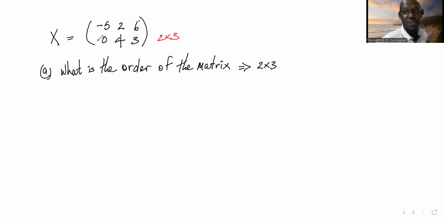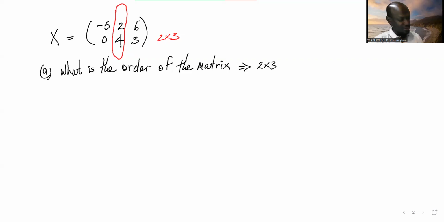Now each number is called an element or number, right? So in the second column, the second number in the second column is what? Ezekiel, in the second column, the second number in the second column is how much?